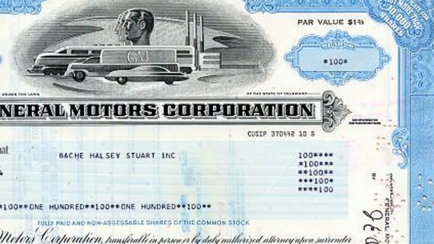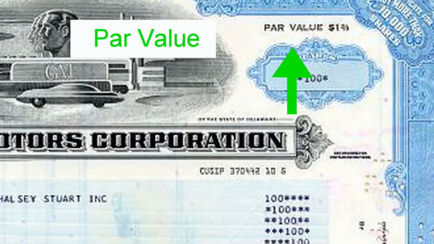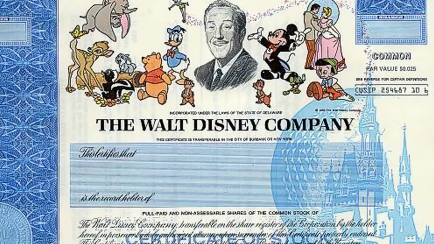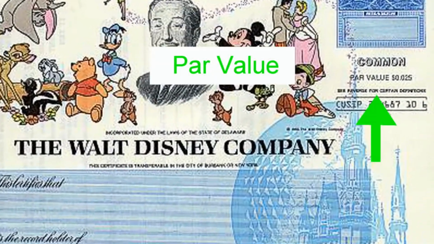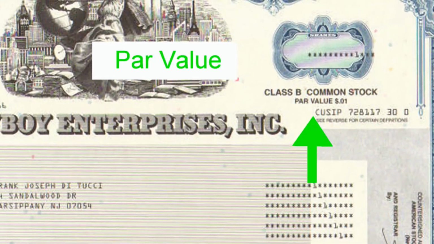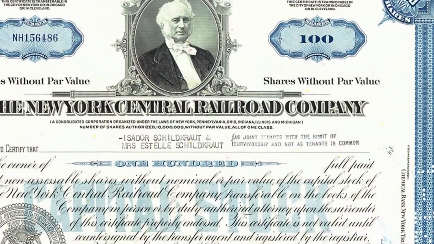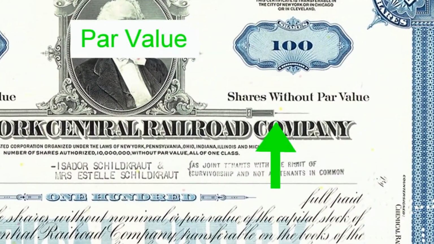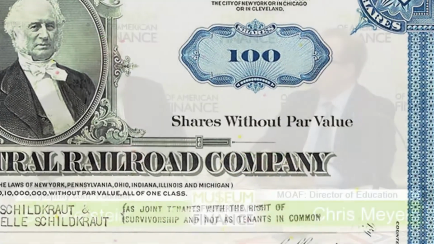I've even seen certificates issued that say no par value, so it's not acknowledging the original contribution. At one time, par value was the amount of money that the company could never touch. They always had to hold on to that amount of money. It was a legal hurdle, and eventually it just became a meaningless number.